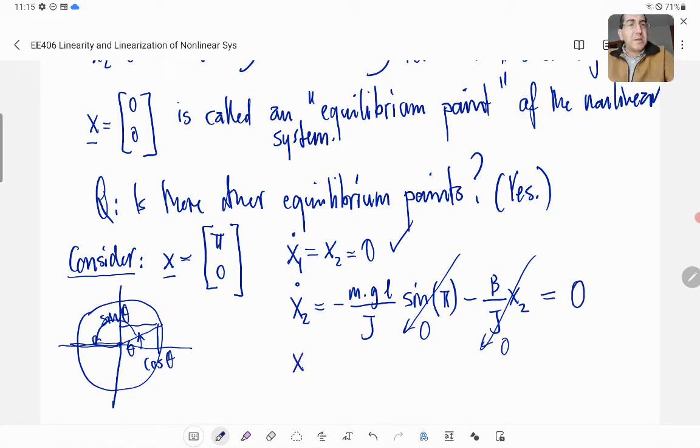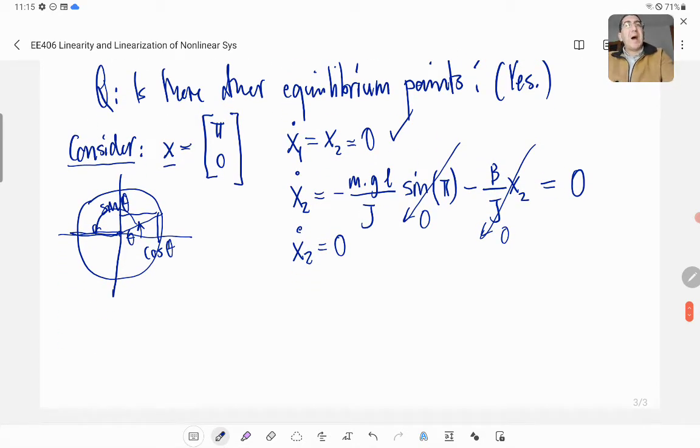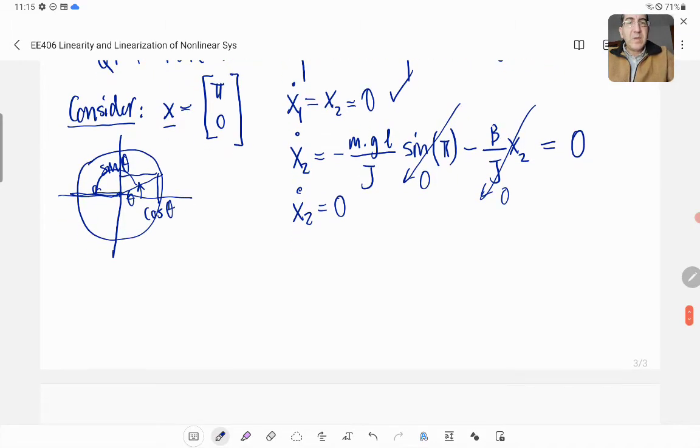So x2 dot is also equal to 0. Okay? So once you're at pi, 0 in terms of the state, you will remain there because the change in the state is equal to zero. Okay, so this is another equilibrium point.